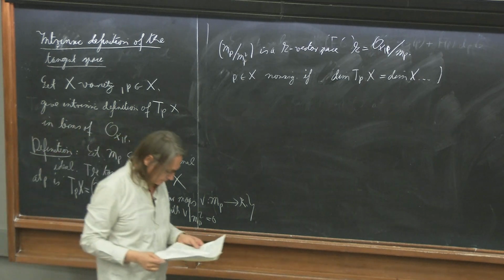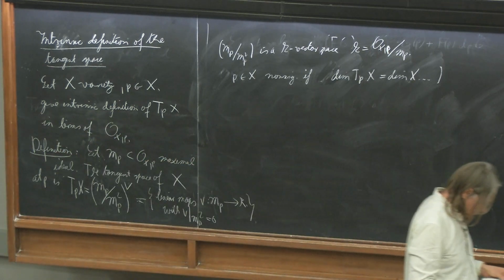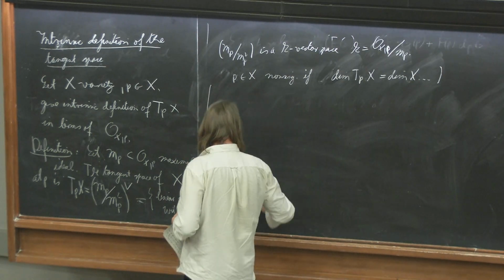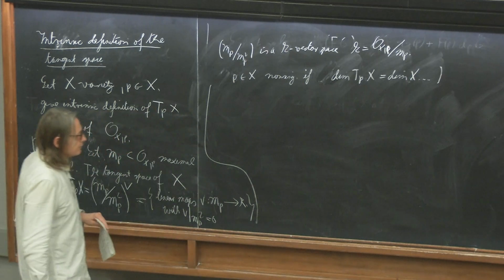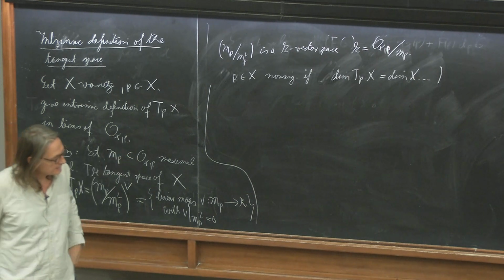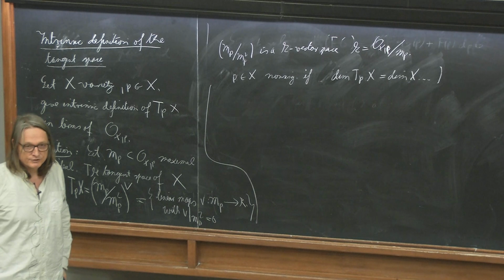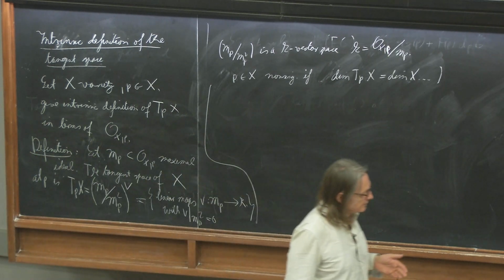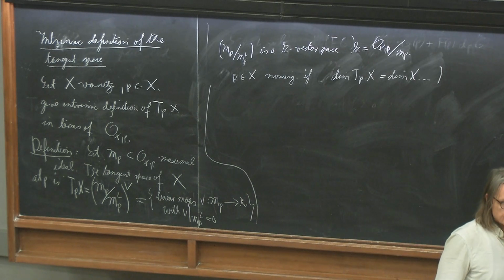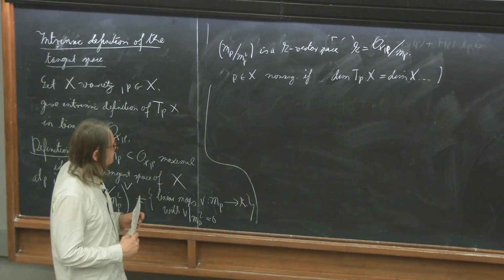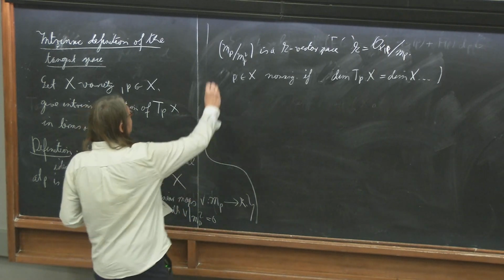Now we have an issue: if I want to make this definition, there's a bit of a problem, because I already have made a different definition, and obviously they should be the same. If I have an affine variety, this definition should coincide with the definition given before, or at least they should give isomorphic vector spaces for the tangent space.